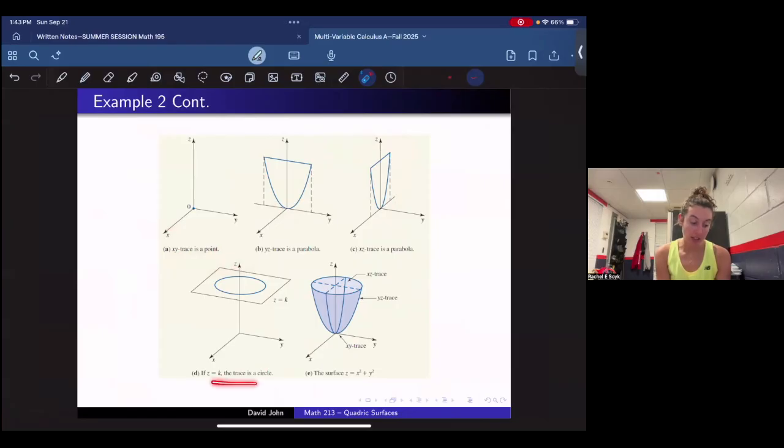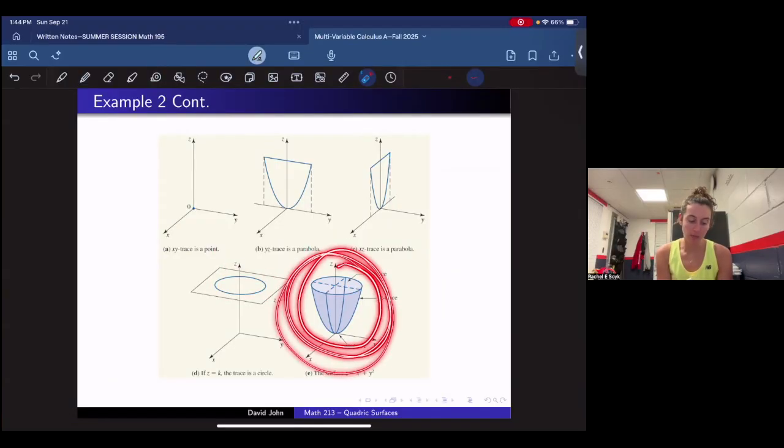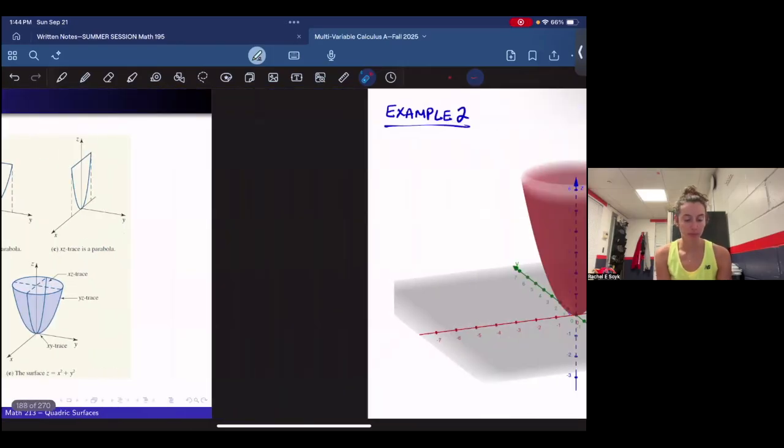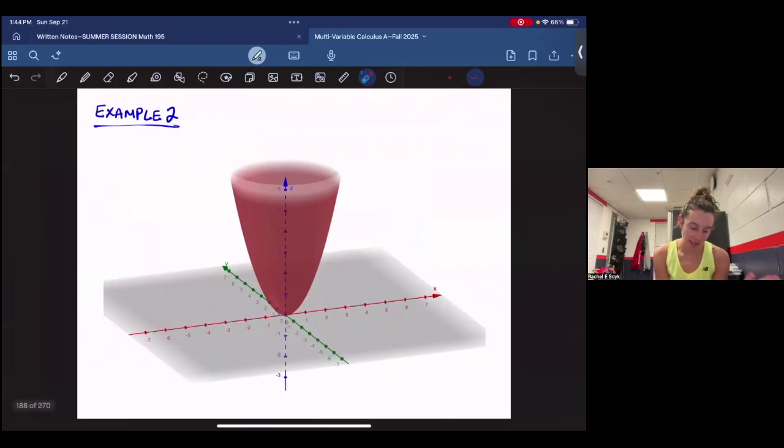And then if z is equal to k, then our trace is a nice circle. So now when we put this all together, we get this surface, the surface z is equal to x squared plus y squared. Okay. And then this is the GeoGebra 3D visual. Okay.